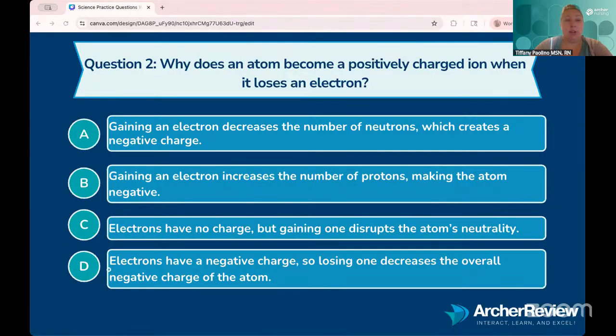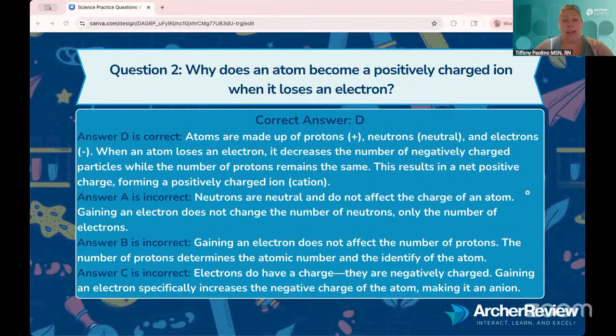If you guess D, you're absolutely correct, because think about it. If they lose one of the negative charges, then now it becomes positive. So the balance between protons and electrons is really what determines the charge overall. Losing an electron means that the number of protons now exceeds the number of electrons, which in turn means that we have now a positive ion.